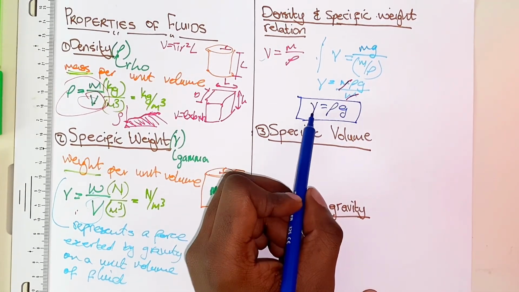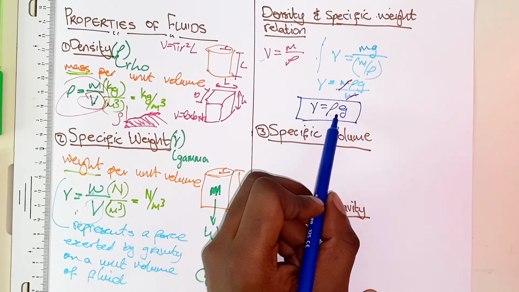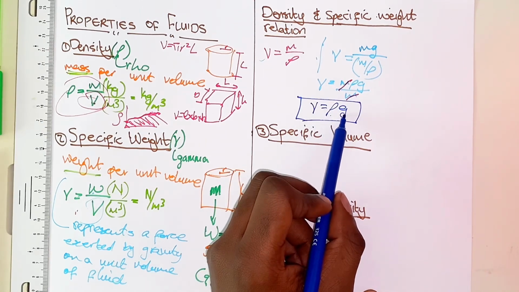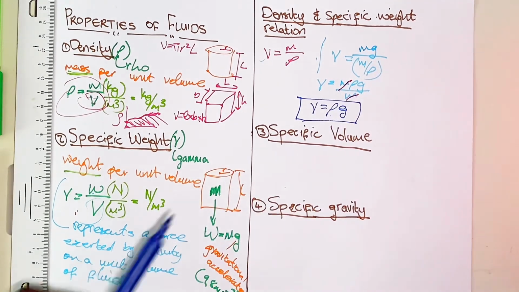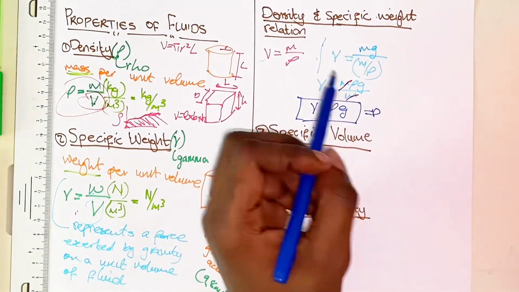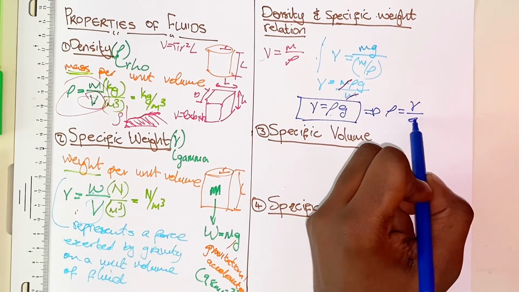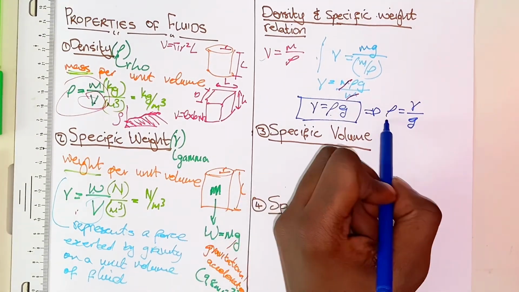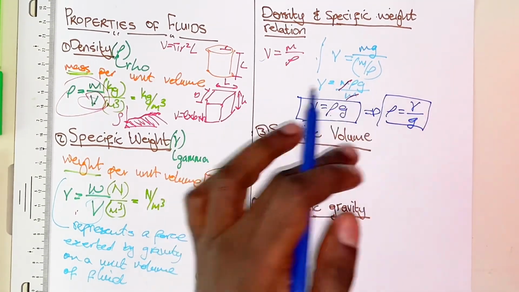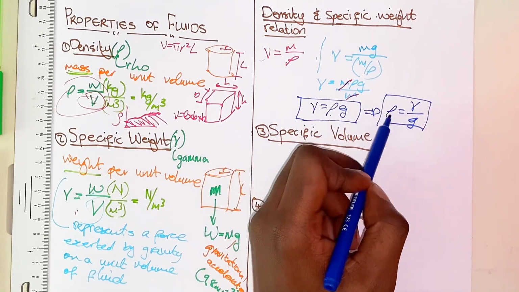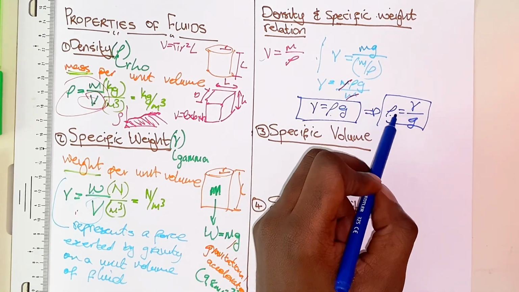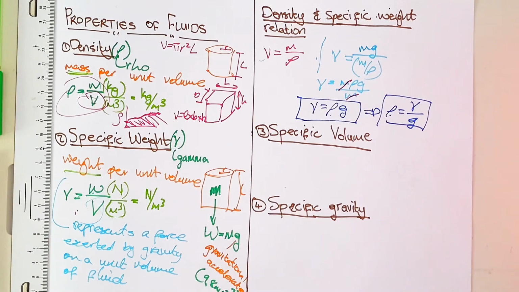Now specific weight is density times gravitational acceleration, and if we want density, this can also give us density is equal to specific weight divided by gravitational acceleration. It's the same formula, but it shows you the relationship between density and specific weight.